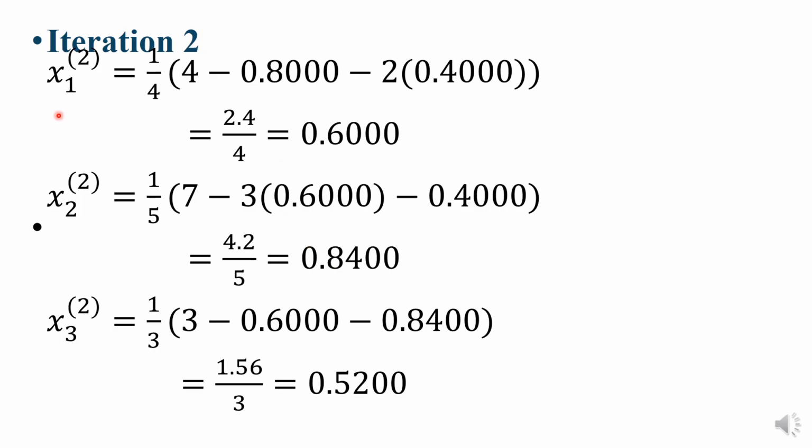It means we get x1 and we get x2, don't wait for another iteration. We put these values in x3. After putting in the values, we simplify plus minus. We get 1.56, then divide by 3. We obtain 0.5200.